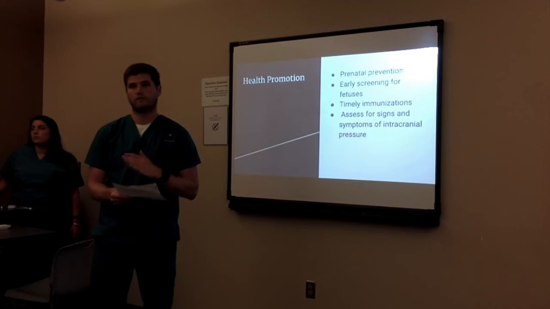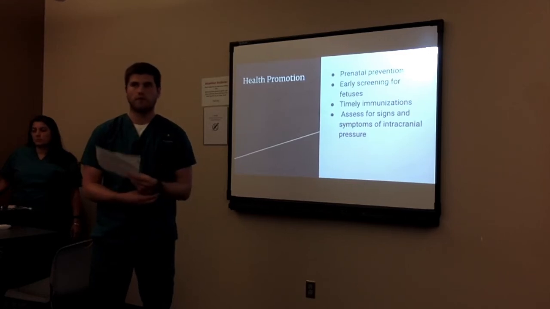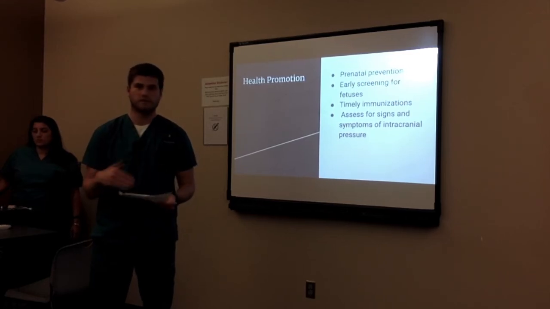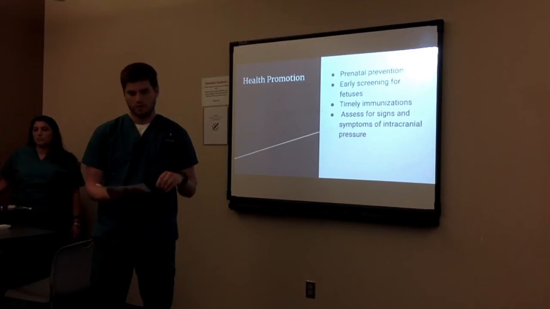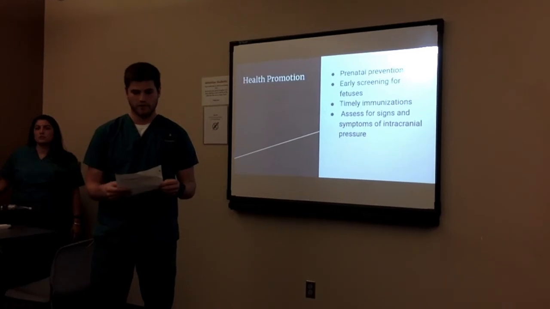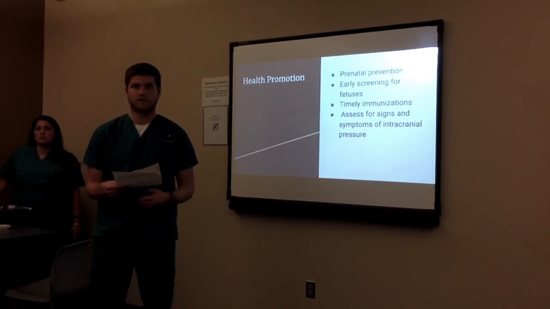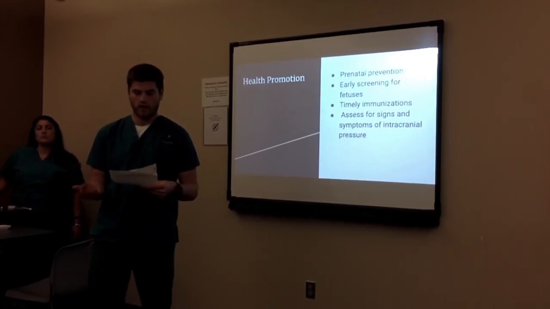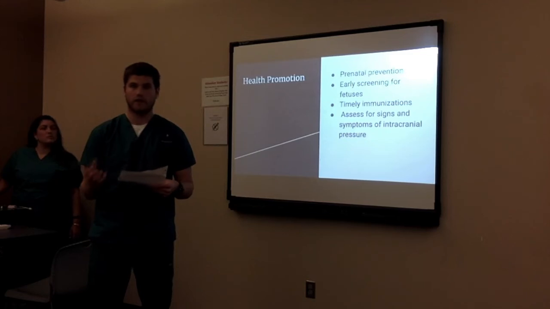Definitely one thing that is very important for family members to understand are the signs and symptoms and risk factors. So as Carrie was stating, some of those risk factors are going to be increased head circumference, bulging fontanelles, vomiting, sometimes even projectile vomiting, and waking up in the morning with a headache.